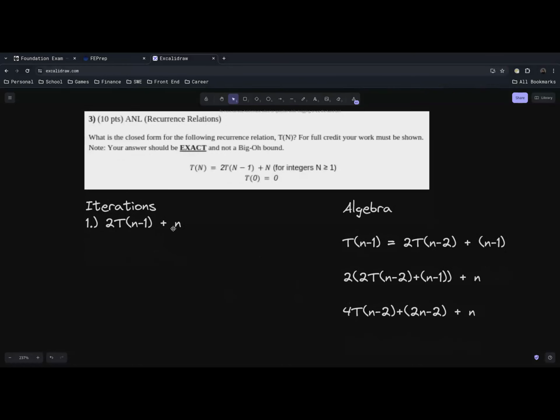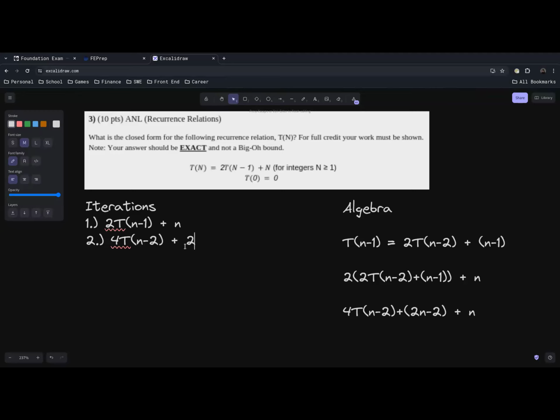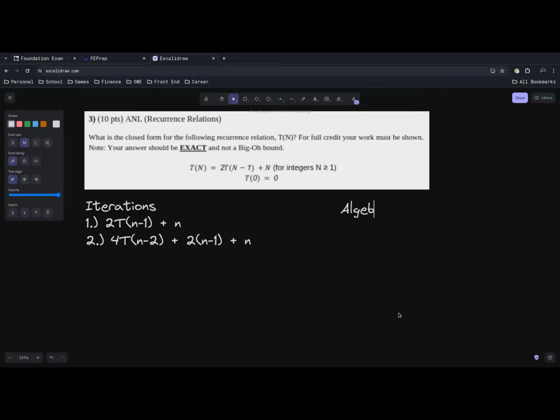Let's move on because now we know our second iteration is 4T(n-2) plus 2(n-1) plus n. But actually, I'm going to do it like this. It's going to be easier to identify the pattern eventually, hopefully sooner rather than later. Again, we're in the same position. What is T(n-2)?